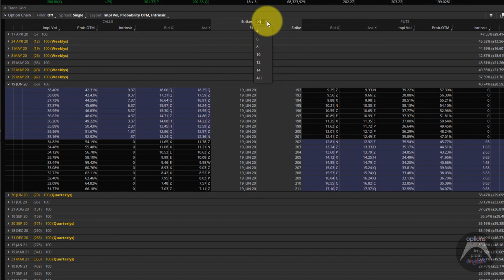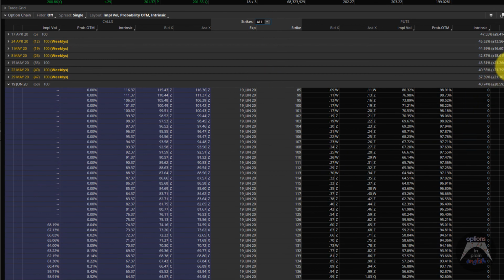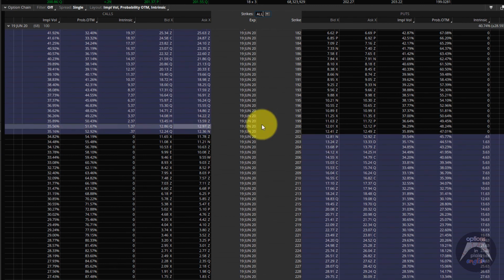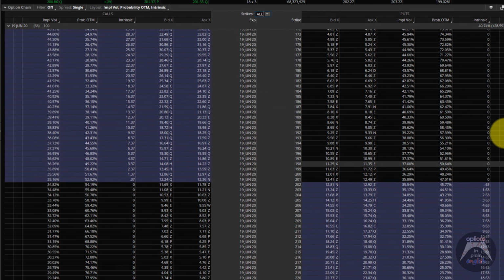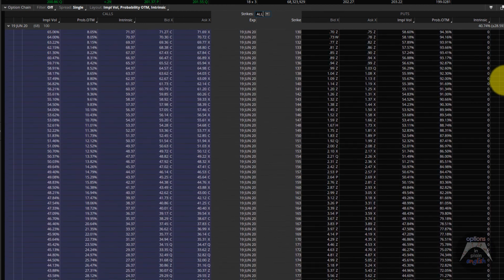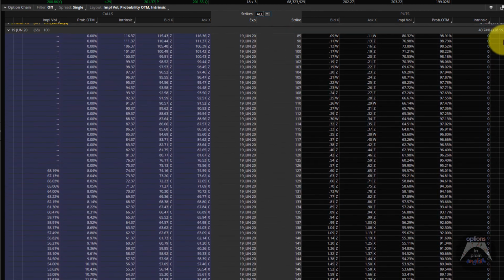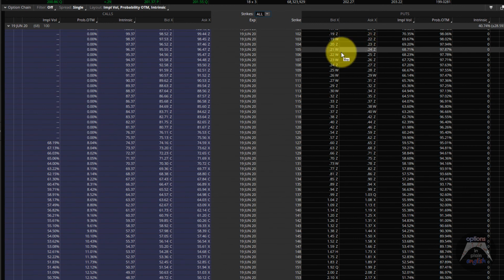Also, something else. I'm only showing here 20 strikes, but there's plenty more. So I'm going to show all of them, and I'm going to go back to the at the money. This is the at the money. So these are the ones that are out of the money puts in this case. If we go really far, these ones still have a bid and an ask, so they still have some value.